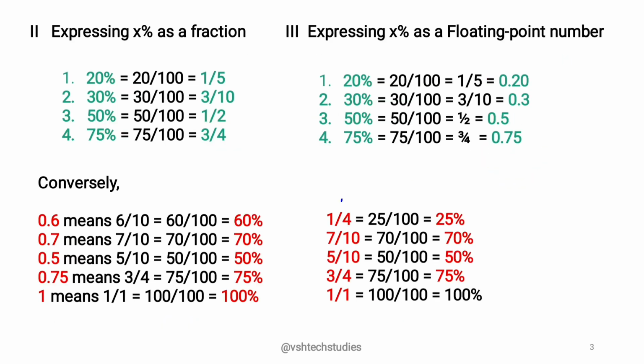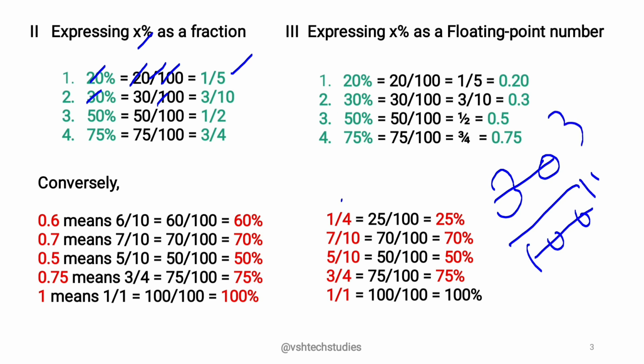After knowing some important facts, we shall now see some of the conversions. Expressing x% as a fraction. 20% means 20 by 100. If you cancel, 20 ones are 20, 20 fives are 100, hence we get 1 by 5. Similarly 30% means 30 by 100, 10 threes are 30, 10 tens are 100, so we get 3 by 10.